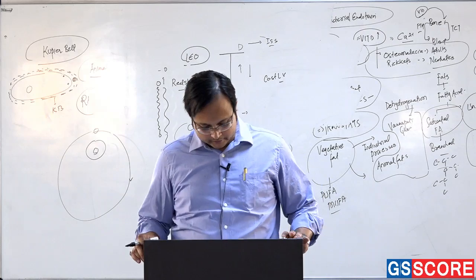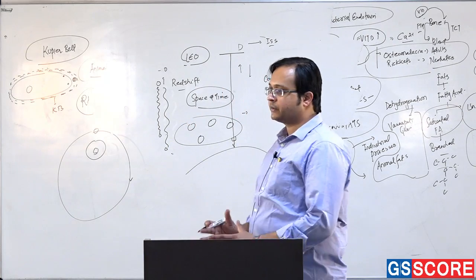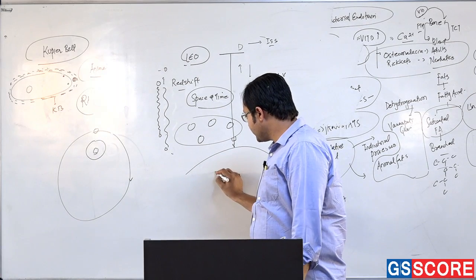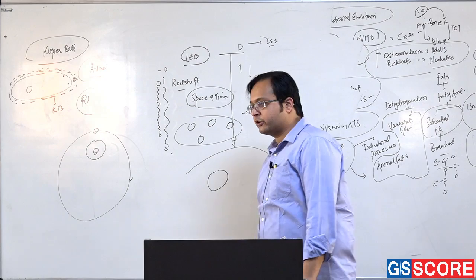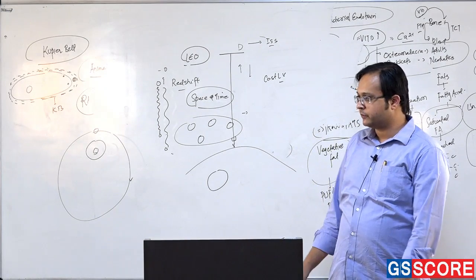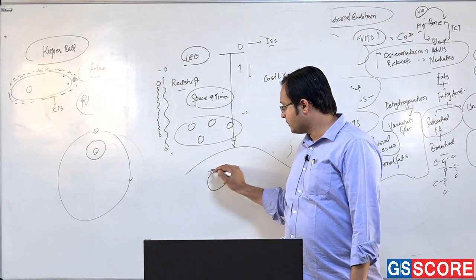Then Einstein's ring, 10th issue. Einstein's ring is something when, if we have a background light and a galaxy comes into the middle, right, a very large celestial object which is dense enough, and we have a background light coming up.